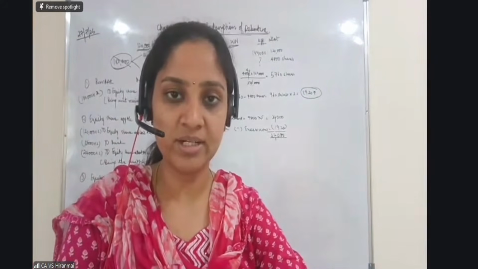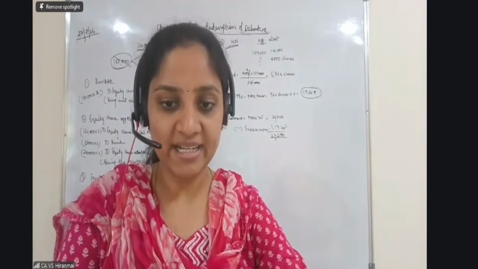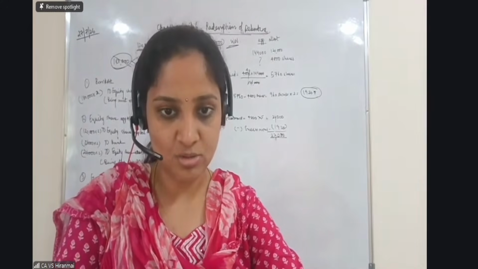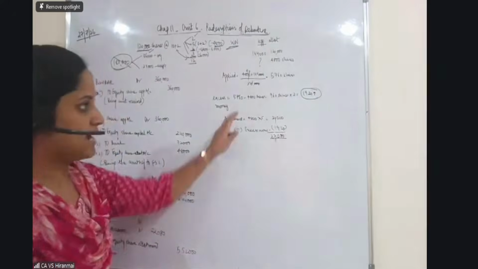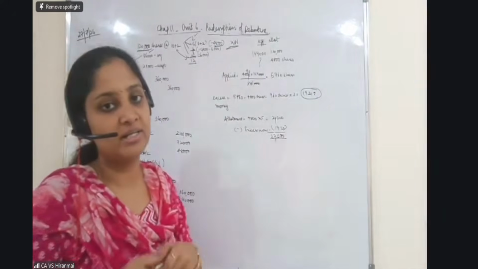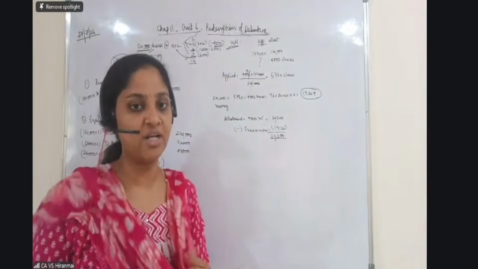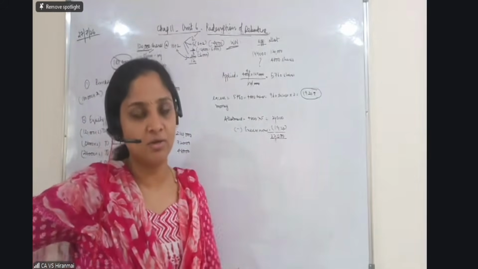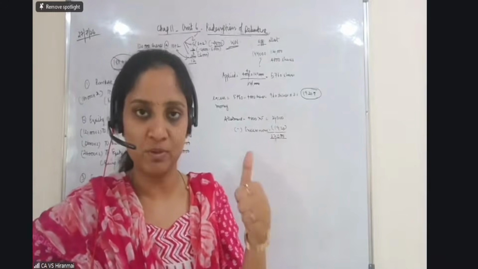Madam, how did you get 22,080 rupees? I worked out the entire thing here as applied to allotted. This is very, very important. For this, 3 conditions have to be satisfied for you to open this working note. First condition, there should be oversubscription.